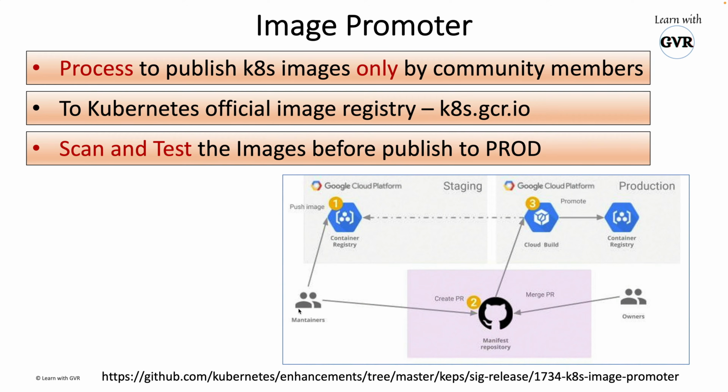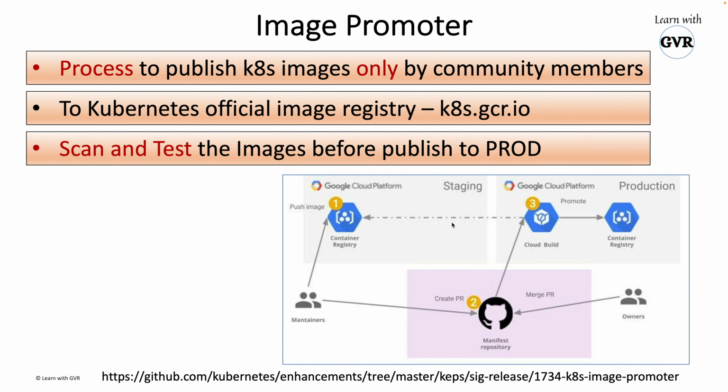If you are a maintainer, you first build locally and push the image to a container registry, where they scan and test it. Then you create a PR, and Google Cloud Build internally will pick it up and push it to the actual registry.